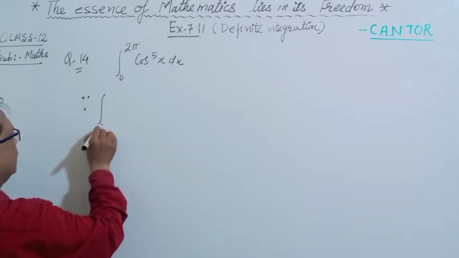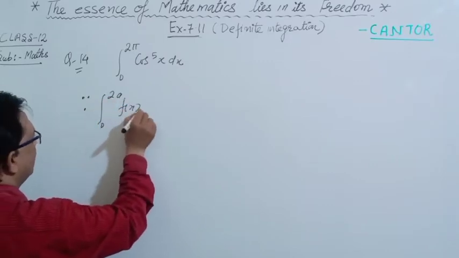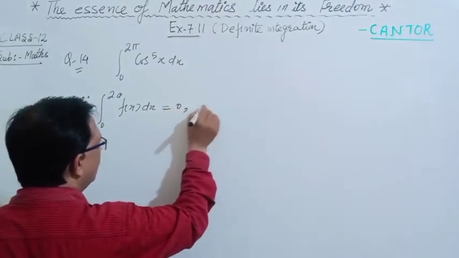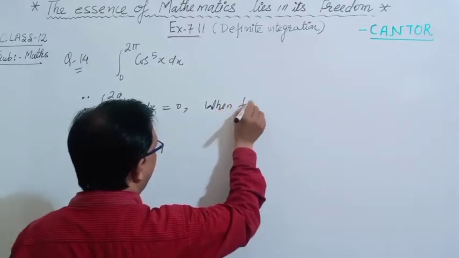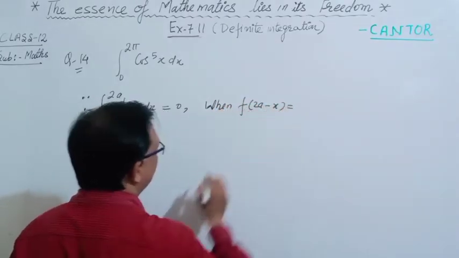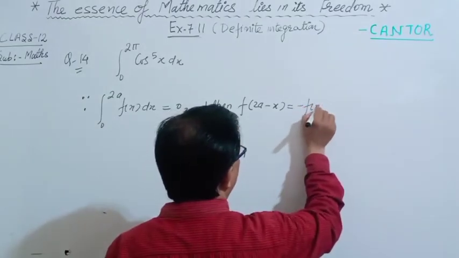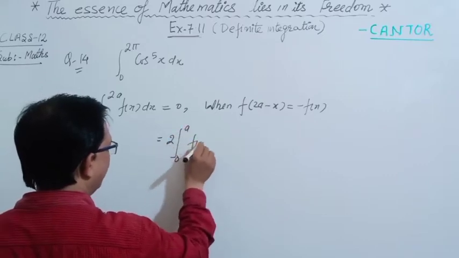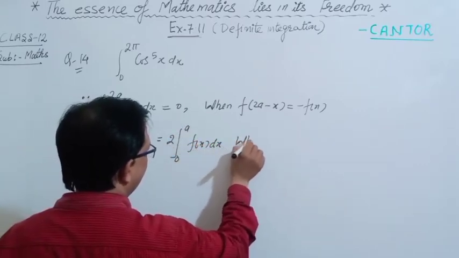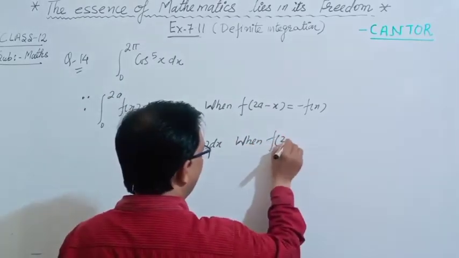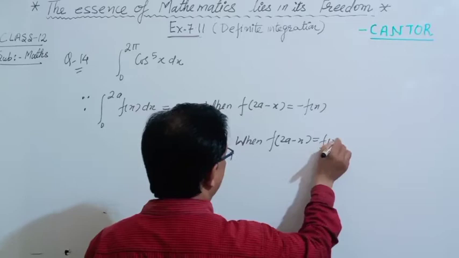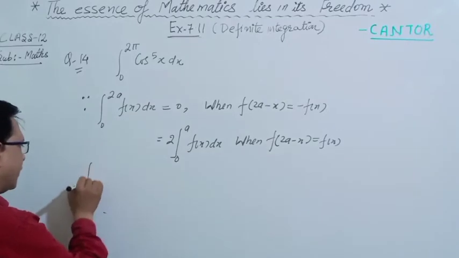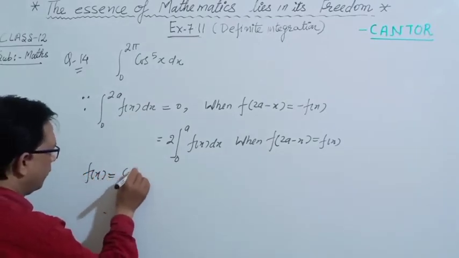The integral from 0 to 2a of f(x) dx is equal to 0 when f(2a minus x) is equal to minus f(x), and is equal to 2 times the integral from 0 to a of f(x) dx when f(2a minus x) is equal to f(x). Now let us first check which property holds here. So first we write the function f(x) is equal to cos to the power 5 x.